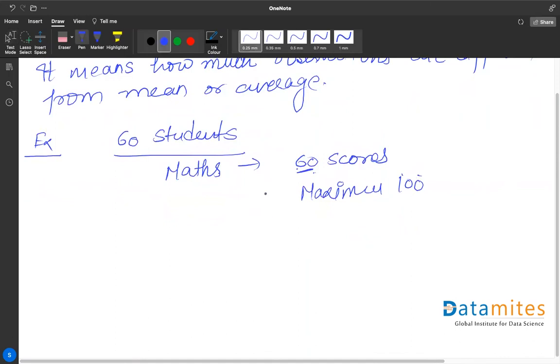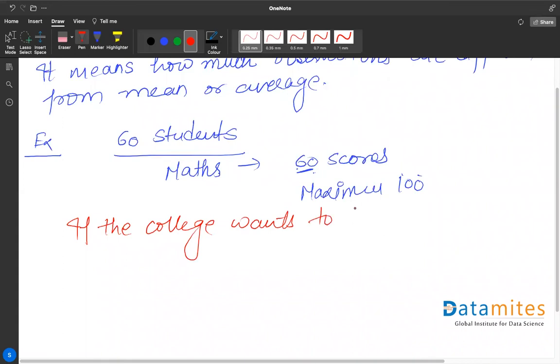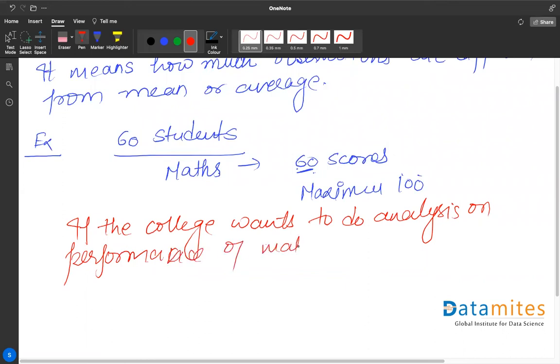So if the college wants to do analysis on performance of the maths exam or maths scores, see, based on the maximum marks students are getting, we cannot evaluate any subject.